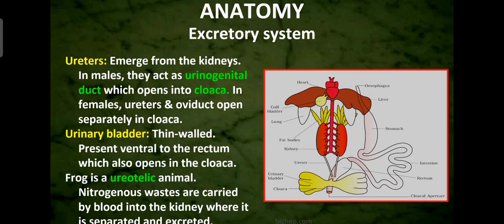Next, the ureters, which emerge from the kidneys. After the kidney you can see from that red color a tube-like structure coming out. Those are the two ureters emerging from each kidney. In males they act as the urinogenital duct, which opens into the cloaca.